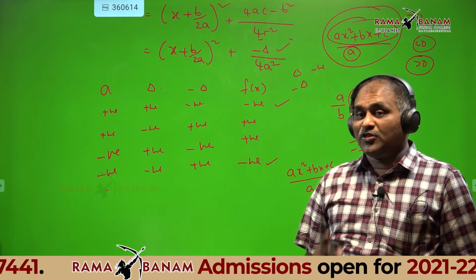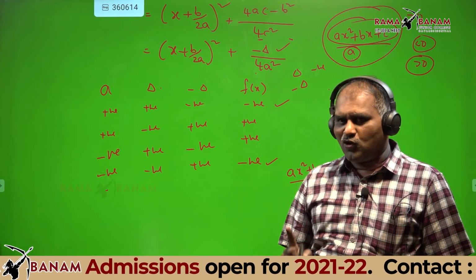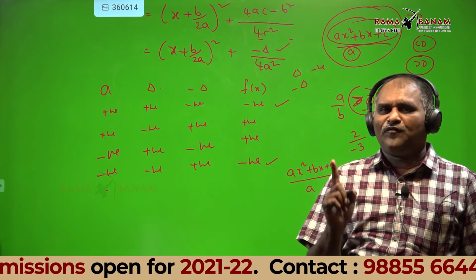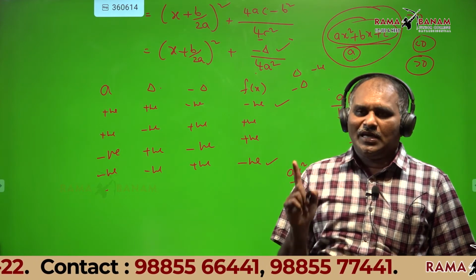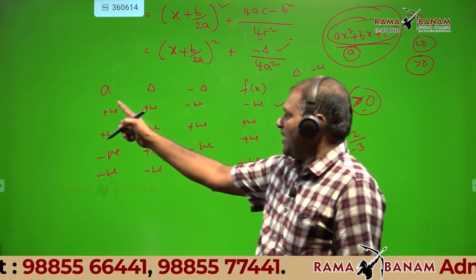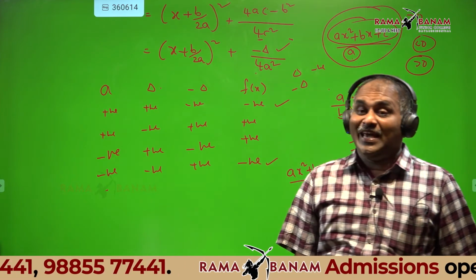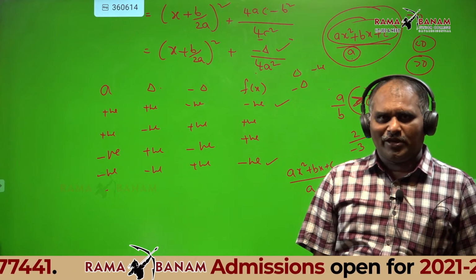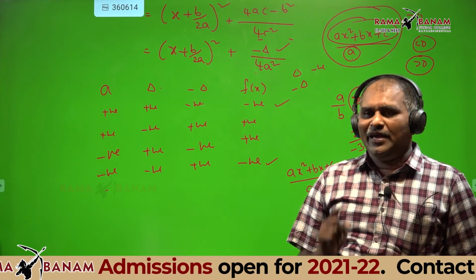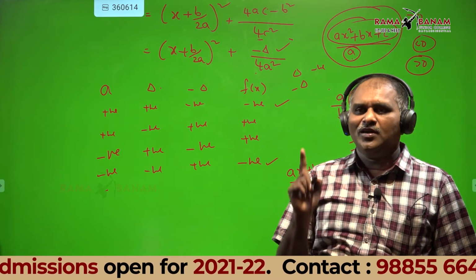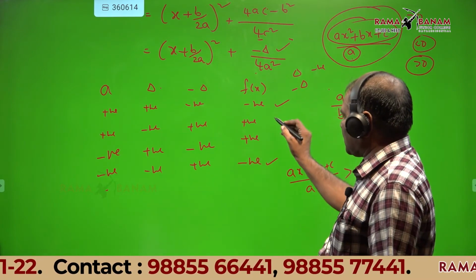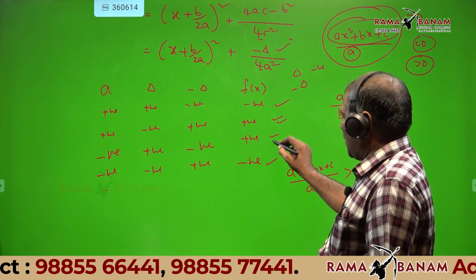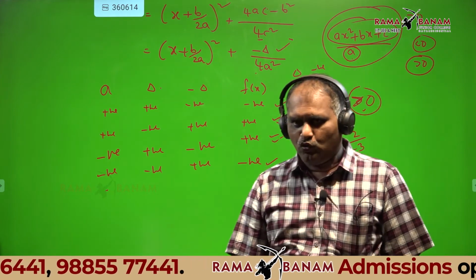Negative. That means if any question is given with f of x, a quadratic expression, less than 0, then a and delta have the same sign. Do you understand? Here f of x is positive.